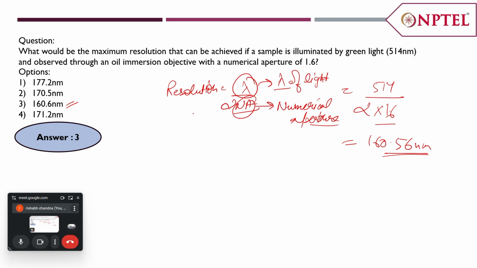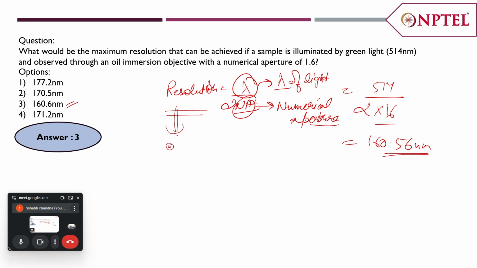So anything that is related to the resolution: resolution basically means how closely spaced two points can be and still be detected as separate with higher efficiency. This is the basic definition of the resolution that we are talking about.